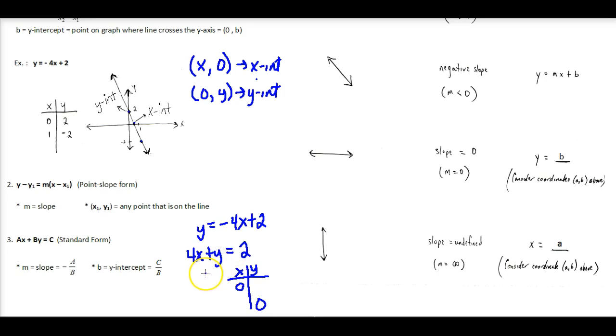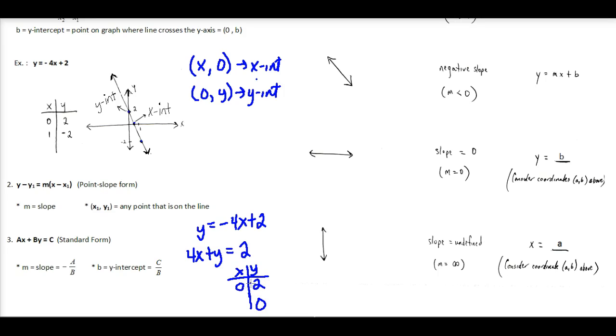If x is 0, then when we plug in x here, 4 times 0 is 0, so this whole term gets covered. And so we just have y equals 2. So we know that our y-intercept is at (0, 2).